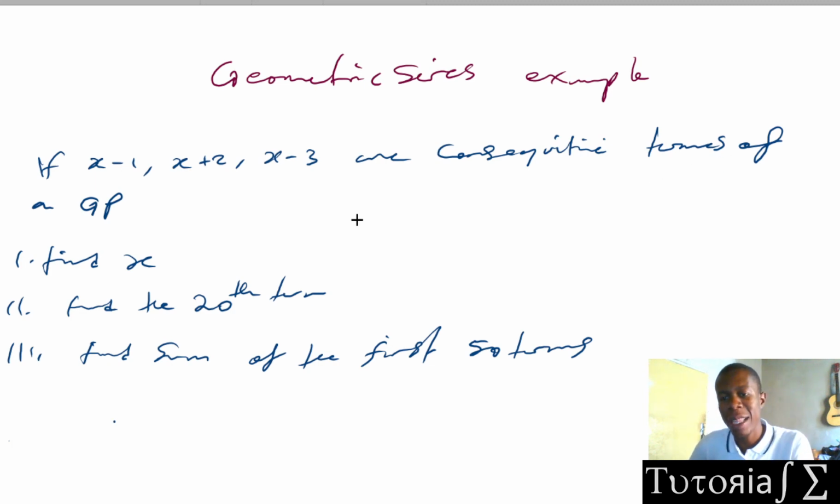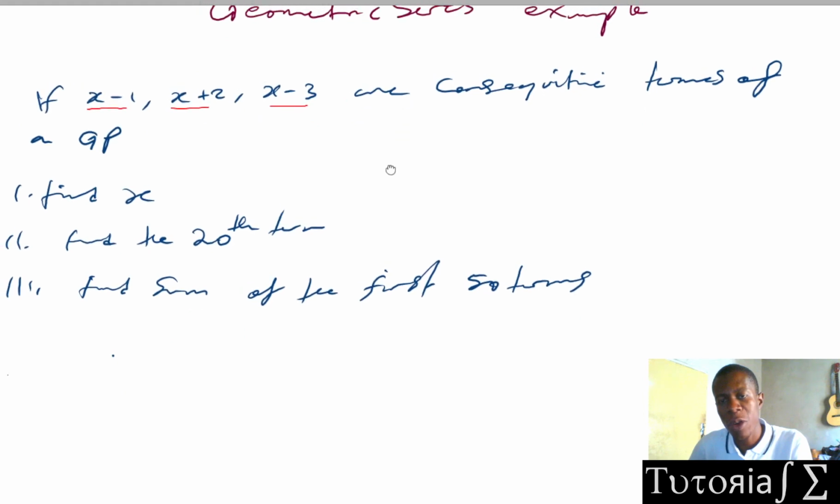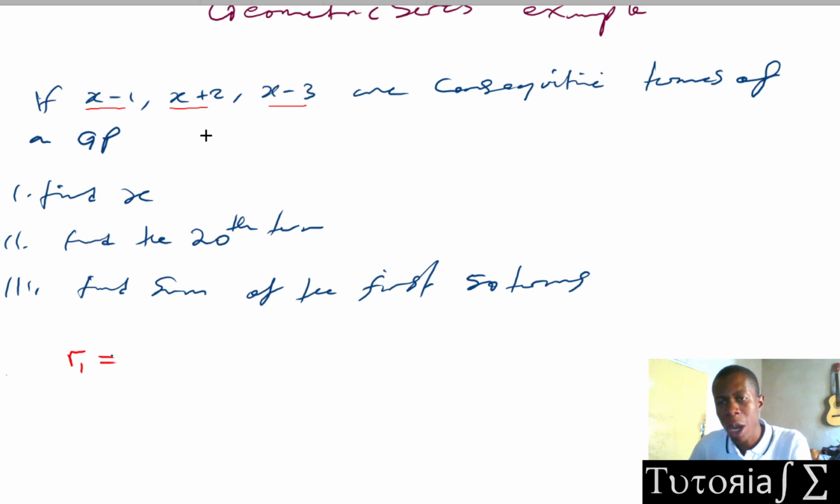How do you find the value of x? Well, to find the value of x, you will make use of the fact that the ratio is constant, or the ratio does not change. The common ratio does not change. When you find the first ratio, you say the next term divided by the preceding term. So that is x plus 2 divided by the preceding term, which is x minus 1.